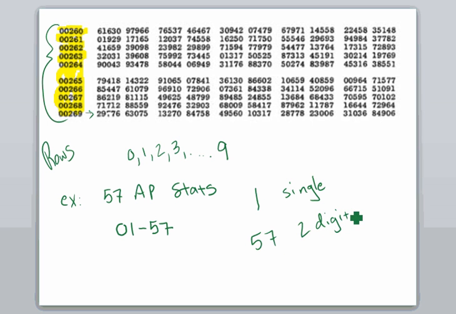So since 57 uses 2 digits, all numbers have to use 2 digits. So anything in the singles, we just put a 0 in front.